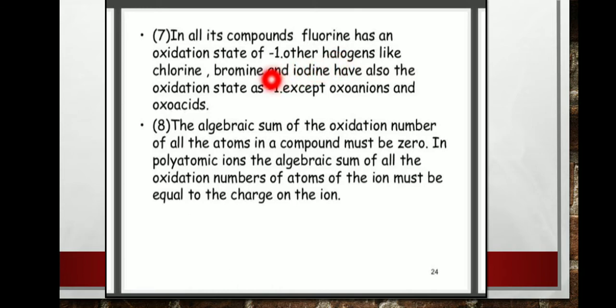Other halogens like chlorine, bromine and iodine also have the oxidation state of -1 except in oxoanions and oxoacids. Eighth point, the algebraic sum of the oxidation numbers of all the atoms in a compound must be 0. In polyatomic ions, the algebraic sum of all the oxidation numbers of the atoms of the ion must be equal to the charge on the ion.